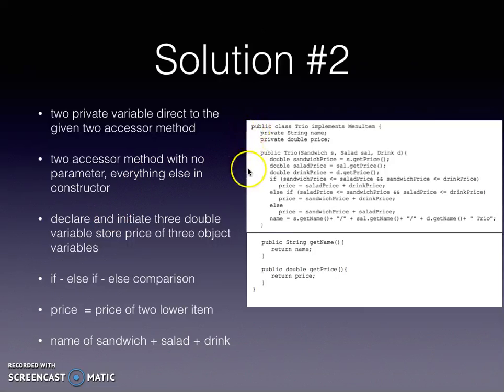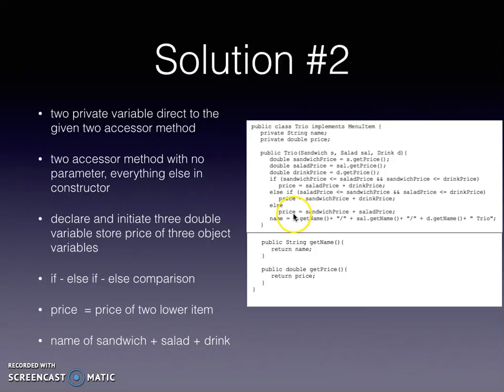And here is solution 2, also from the College Board. The difference is that instead of declaring the 3 object variables as private in the class, it just declares name and price.